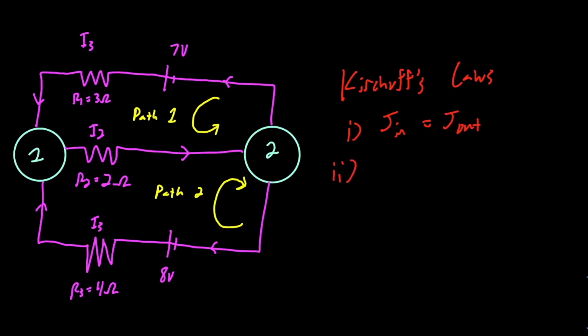The second postulate is that the sum of the products of current and resistance, where I is current and R is resistance, around a closed path is equal to the total voltage. And we're going to remember those rules when we're applying network analysis.